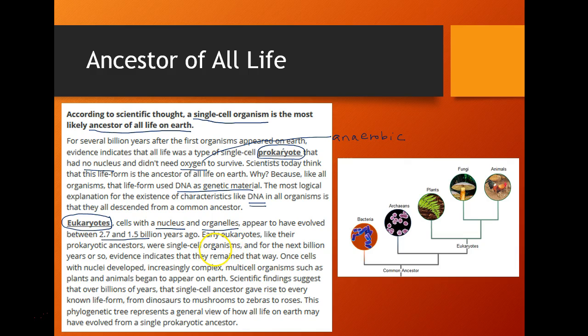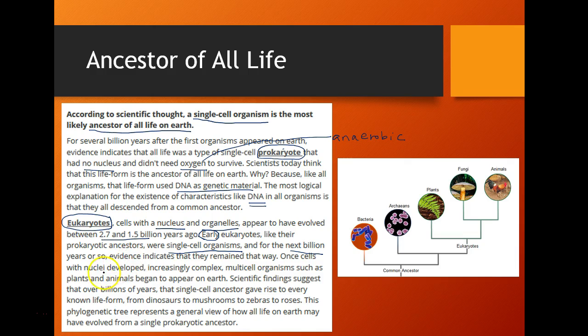Like their prokaryotic ancestors, this means the first types of eukaryotes with the nucleus and organelles were also single-cell organisms. And evidence shows that in the next billion years, which is a very long time, eukaryotic cells remained as single-cell organisms.